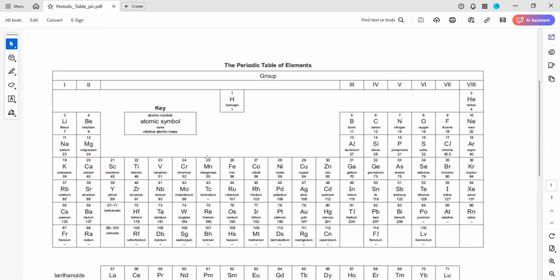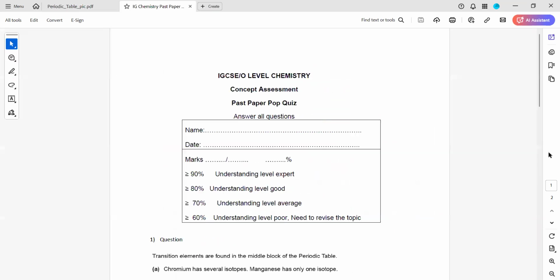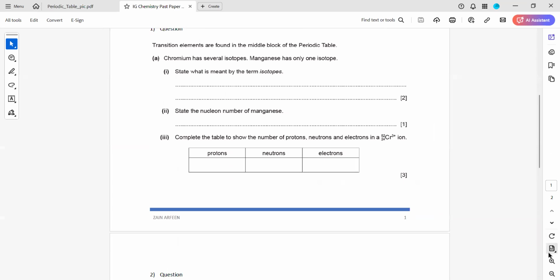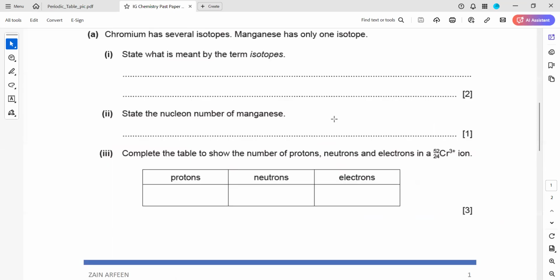Nucleon number represents the sum of neutrons and protons, whereas atomic number represents the number of protons. We have to write here 55.